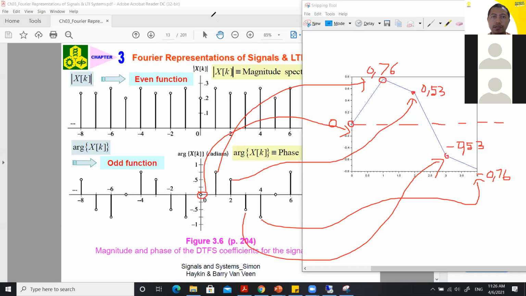If no question, we move forward. Move forward to the what? Where is my PowerPoint?